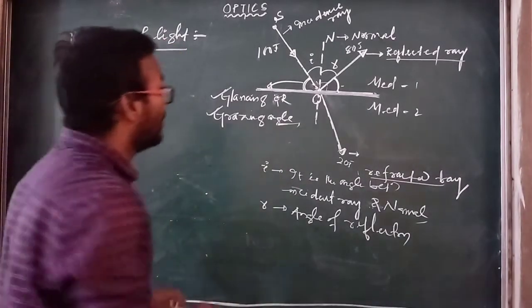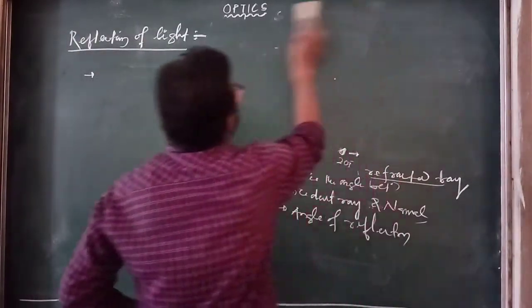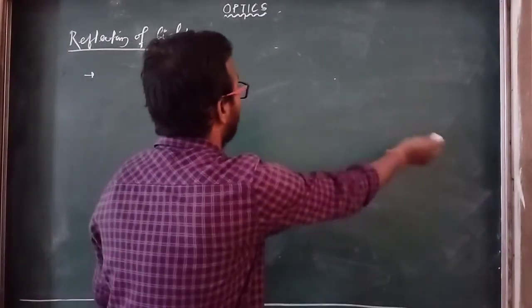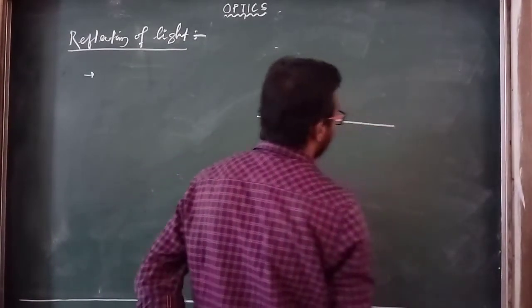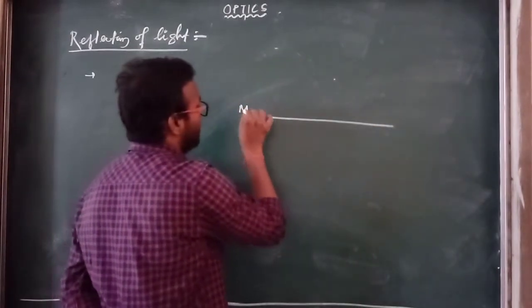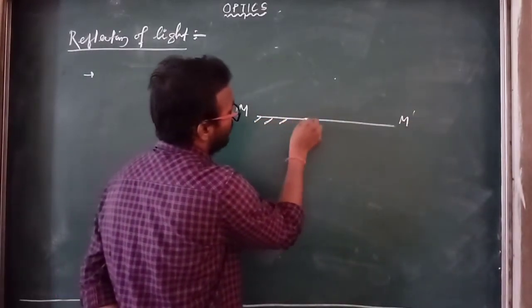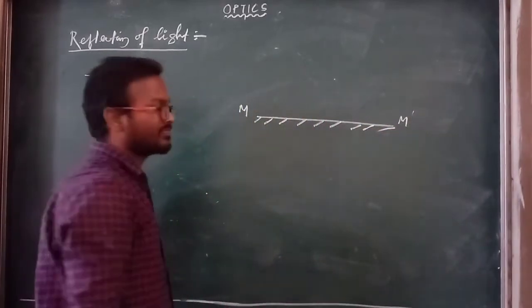So first we will discuss what the law of reflection is. There are two laws, first law and second law. Suppose we have a plane mirror M M dash, one side of which is coated with silver, or silvered.